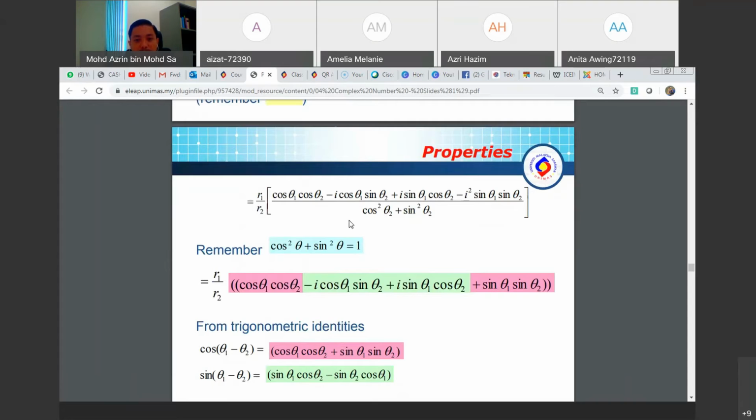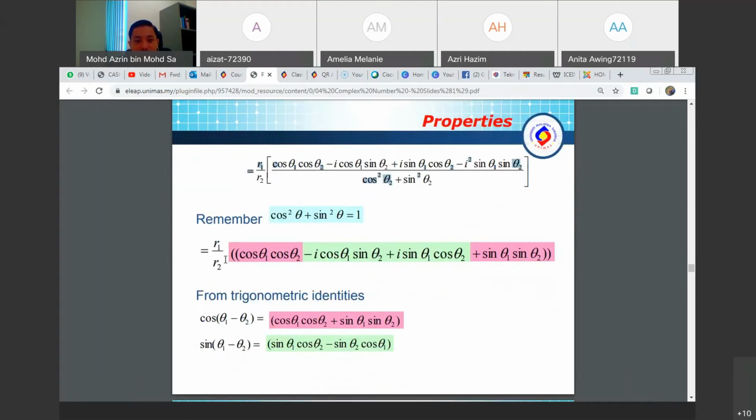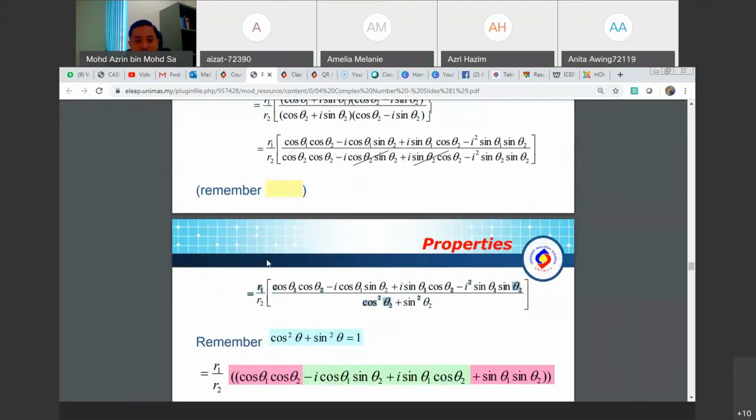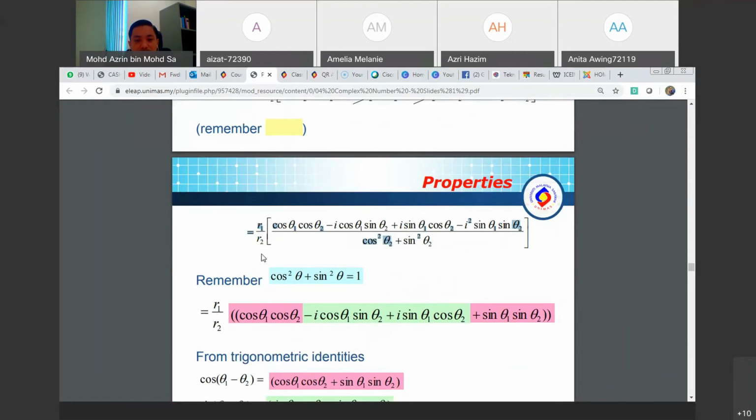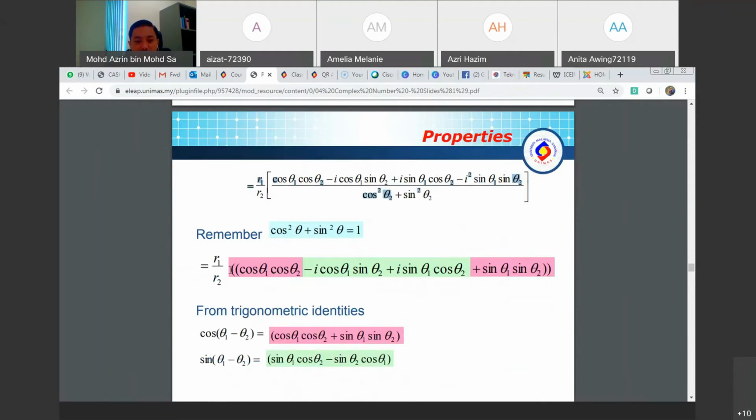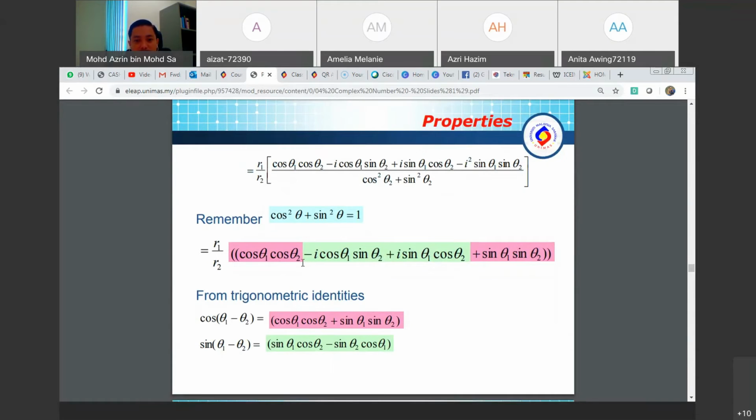So down here you cancel out and change it to 1. When it becomes 1, only the top part remains. So that's why you get R1 over R2, because it is division, R1 divided by R2, times this equation: cos theta 1 cos theta 2 minus I cos theta 1 sin theta 2 plus I sin theta 1 cos theta 2 plus sin theta 1 sin theta 2.